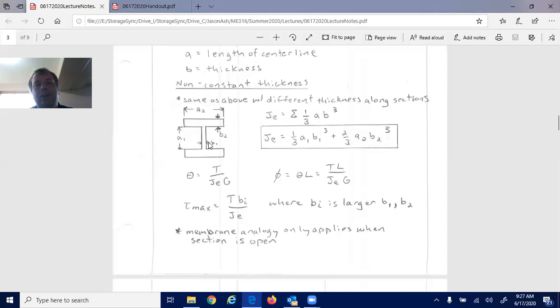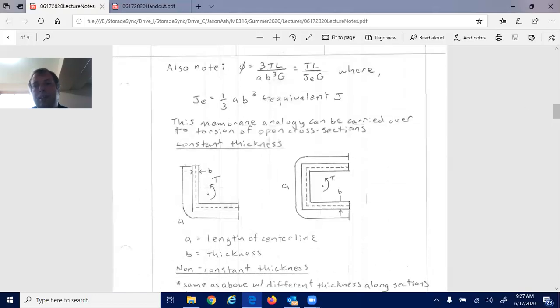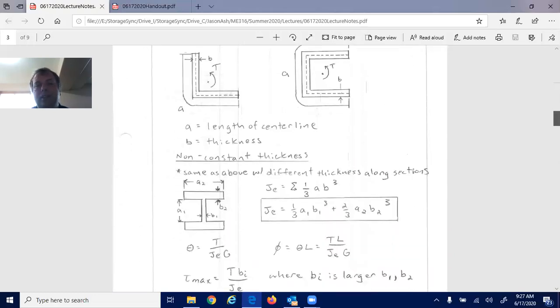And so when you're dealing with non-constant thickness, we can use that equivalent polar moment of inertia concept and calculate the equivalent polar moment of inertia as a sum of just 1/3 AB cubed, if we go back up there.